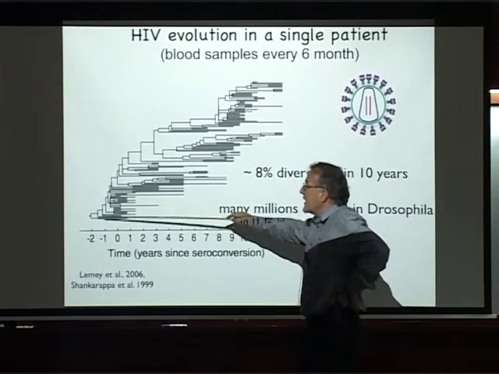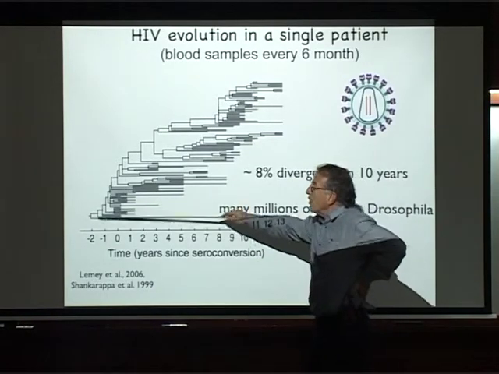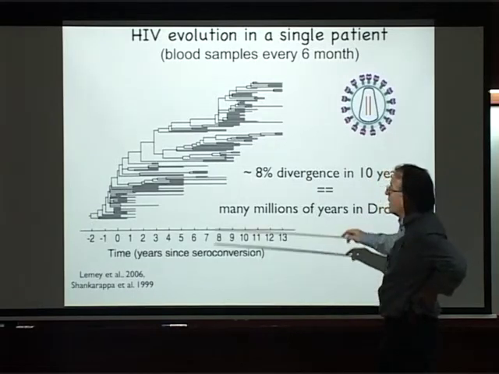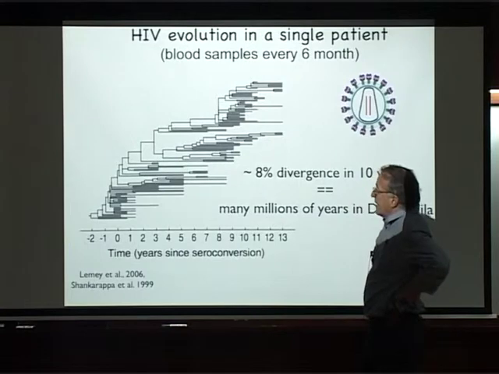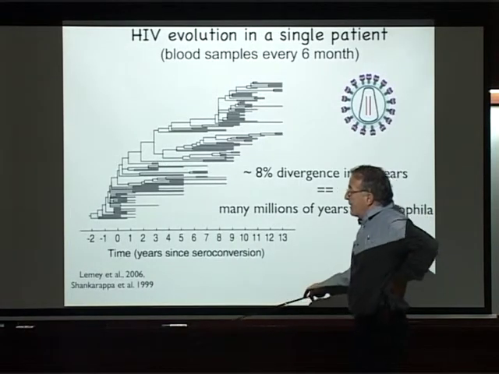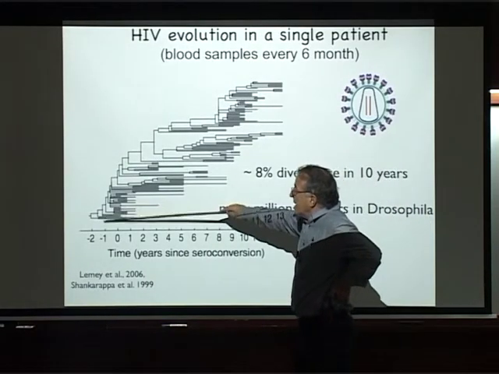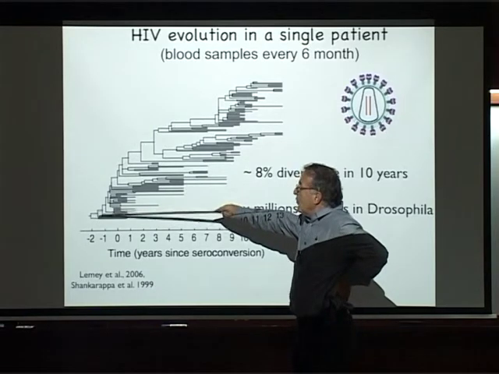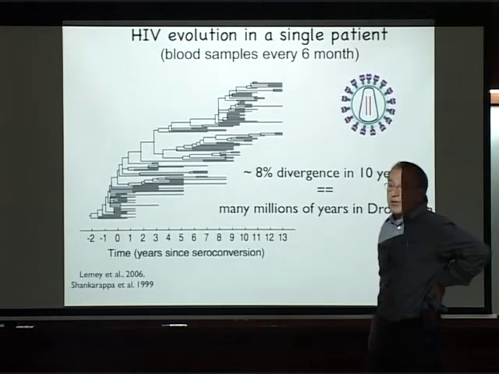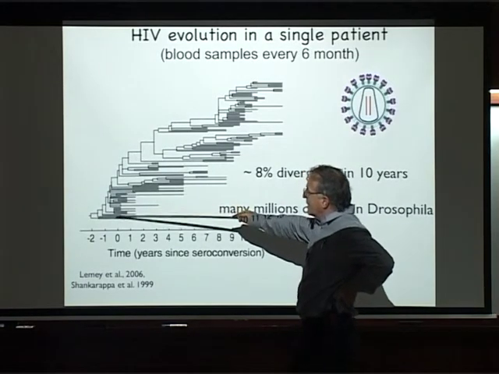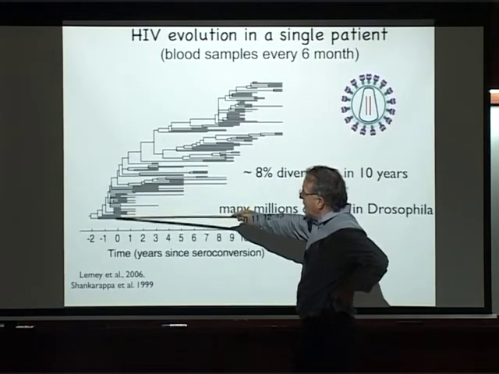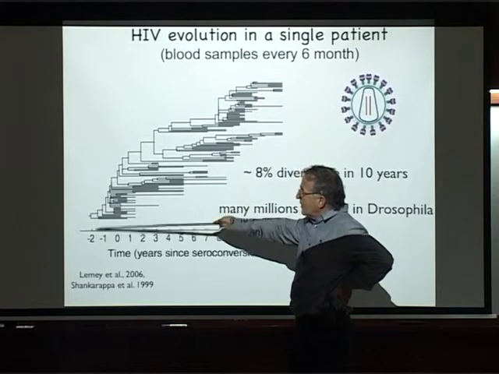And what you see here is an evolutionary tree, or if you like, a genealogical tree of the virus in these samples. And initially, one saw very little variation. So this isn't actually very honest, because you see this -2.